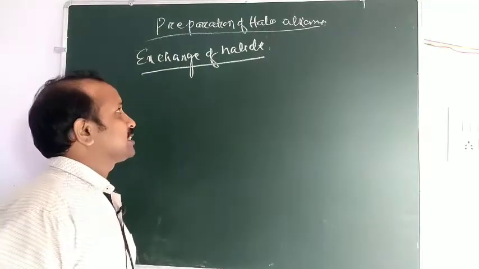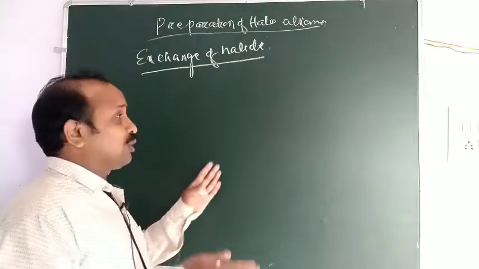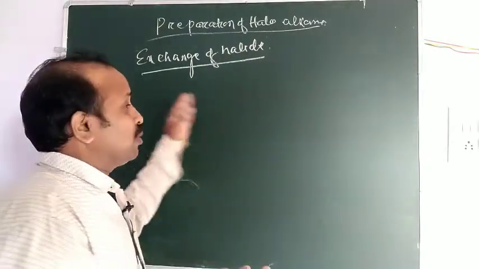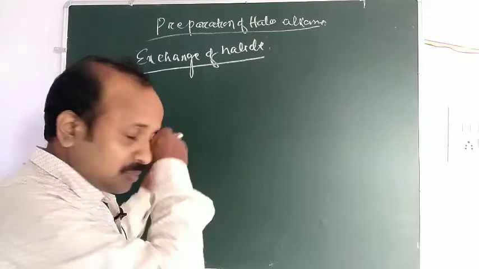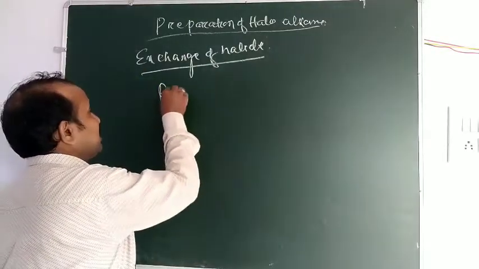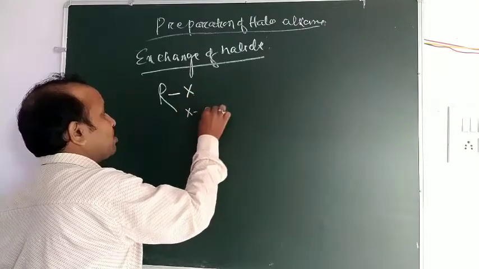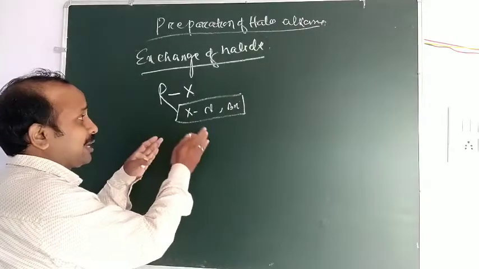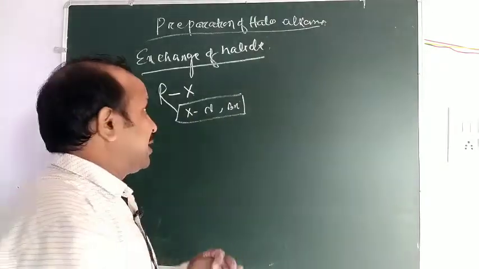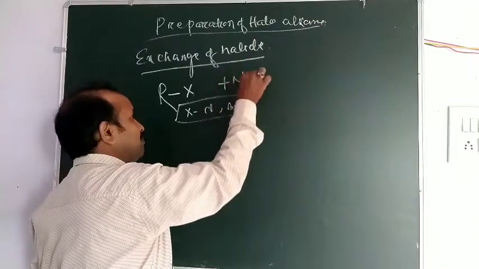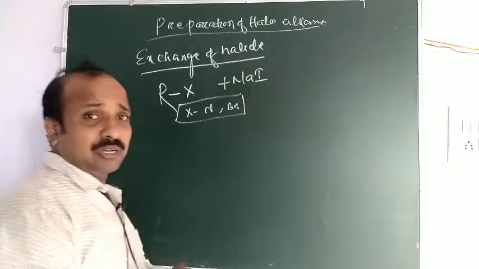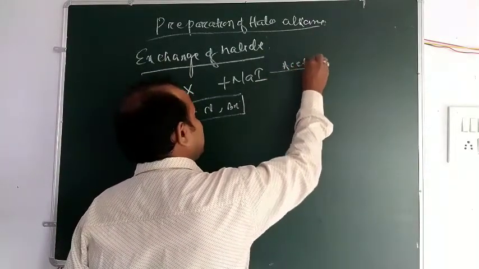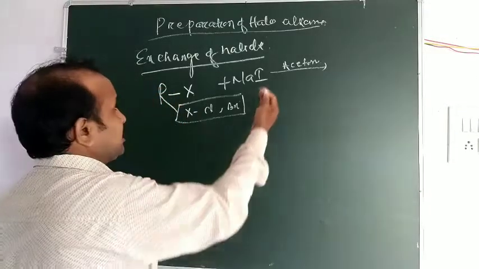Exchange of halide means a halogen is already attached to the carbon, but we want another haloalkane from one haloalkane. Suppose haloalkane RX, where X means chlorine or bromine, that is alkyl chloride or alkyl bromide, reacts with sodium iodide in presence of acetone. Then the halogen will exchange.